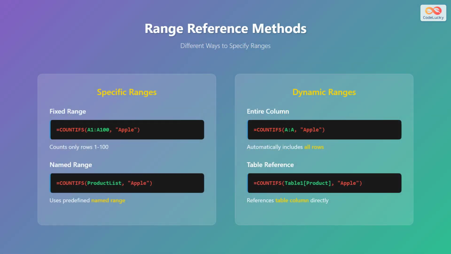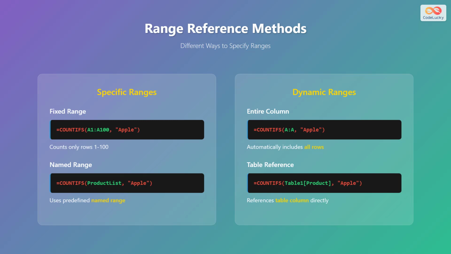Here are different methods to specify ranges in COUNTIFS. For a fixed range, use =COUNTIFS(A1:A100, "apple") to count only rows 1 to 100. For a named range, use =COUNTIFS(product_list, "apple") to use a predefined named range.